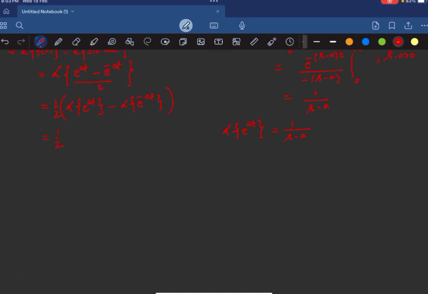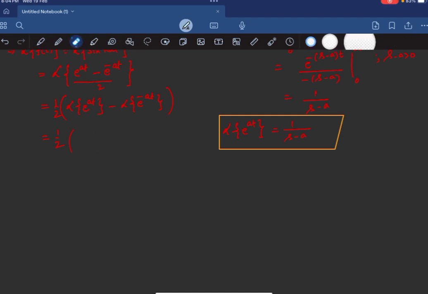Now see what you have. Just now we got this result: the Laplace transform of e power at is 1 by s minus a. We can apply this result here, so half times (1 by s minus a) minus 1 by s minus of minus a, that is s plus a.